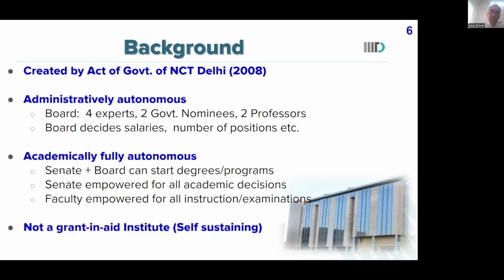And we are academically fully autonomous, where we can create and define degrees and are empowered for all academic decisions independently. Unlike many other state universities or institutes in the country, we are not a grant and aid institution, and we are self-sustaining.